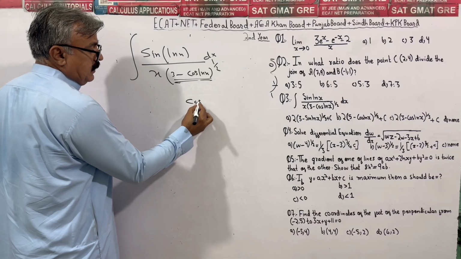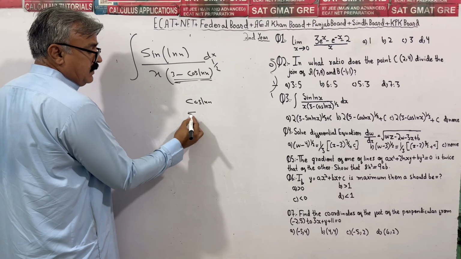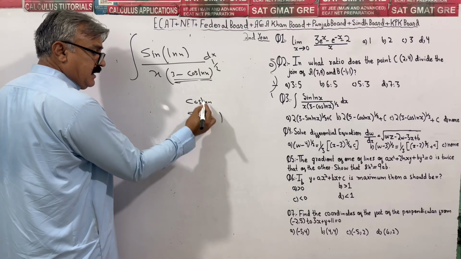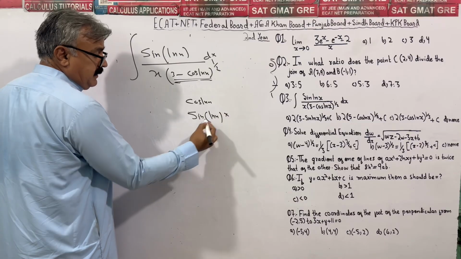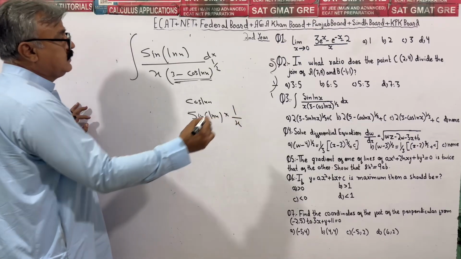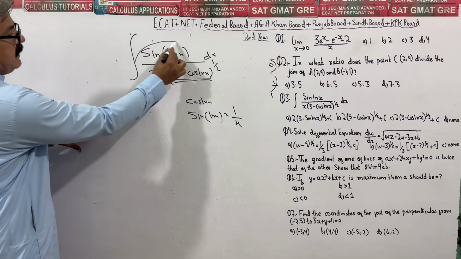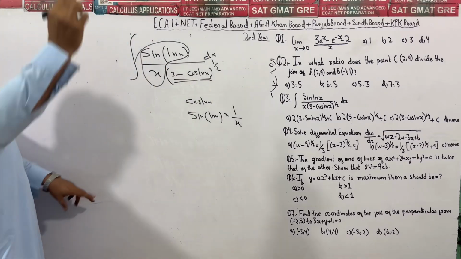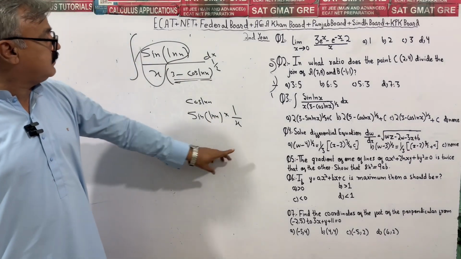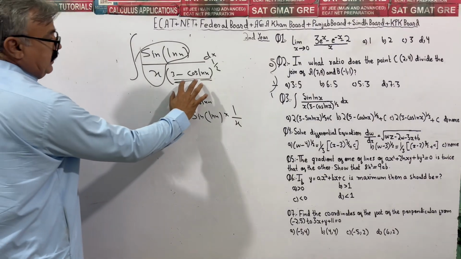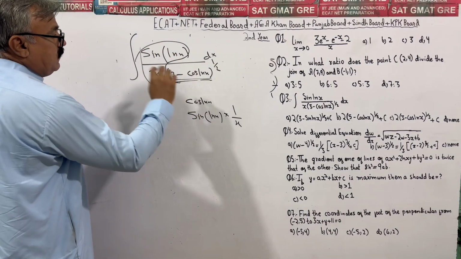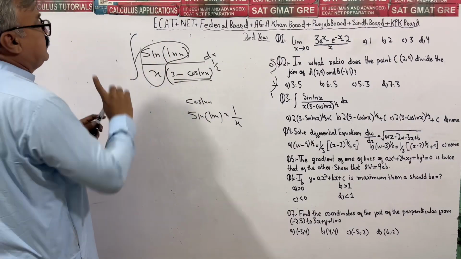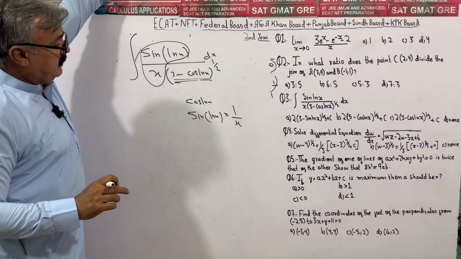Take that cos(ln x). Integration of cos is sine, and that's our integrand. Then the derivative of the angle ln x means 1 upon x. Look at this, sin(ln x) and 1 upon x are both present. So it is our function and its derivative. It works wonders for us.